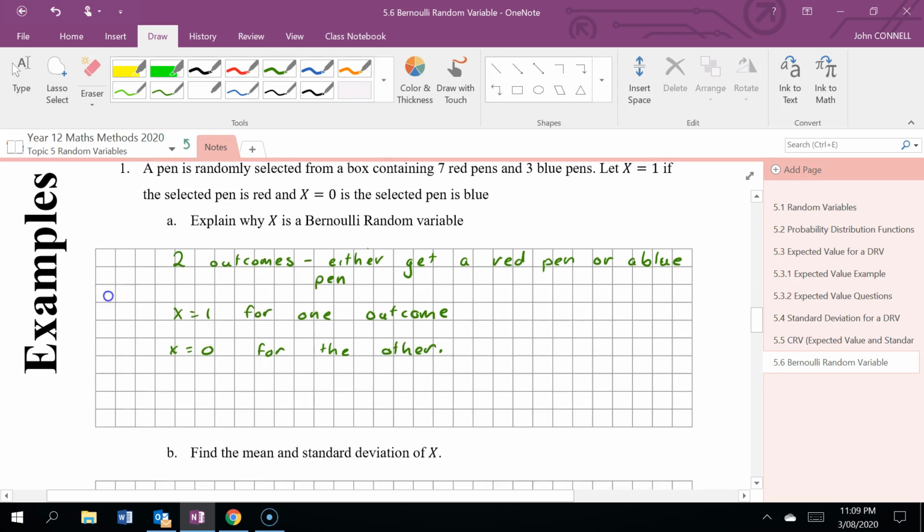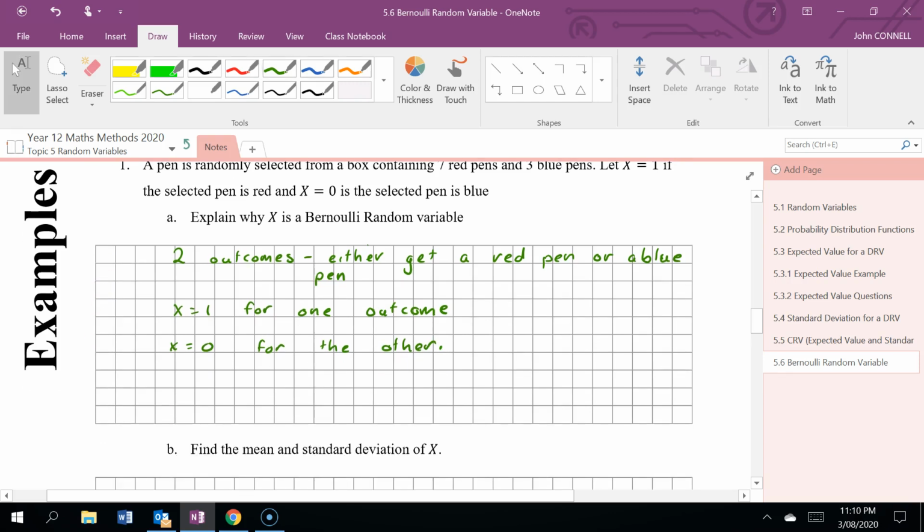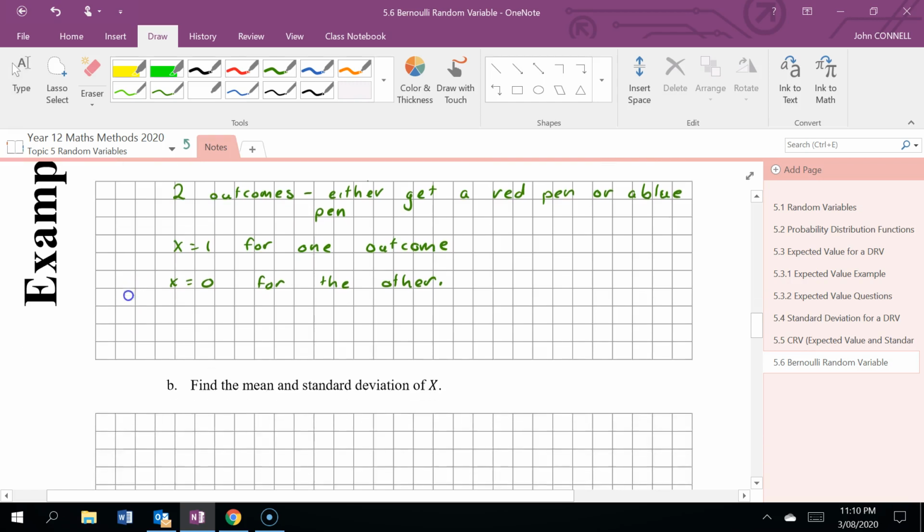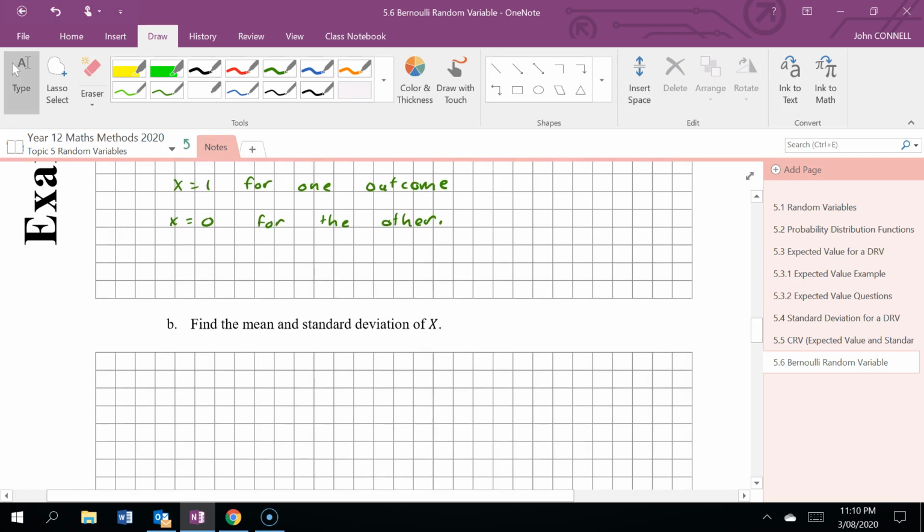And that is enough to say that this is a Bernoulli random variable. There's got to be two outcomes, the value of one of them has to be 1, and the value of the other has to be 0. Now we've got to find the mean and standard deviation of x.